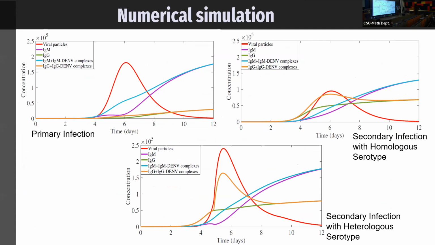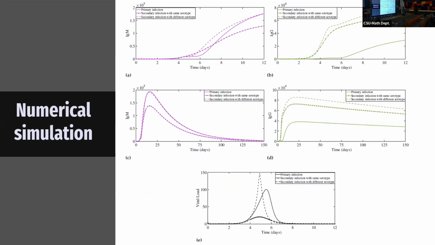So this is the primary infection. This is the secondary infection, but with the same serotype. And the last is the secondary infection with a different serotype. And also the result of the IgG and IgM for every variable that we have in the previous equations.